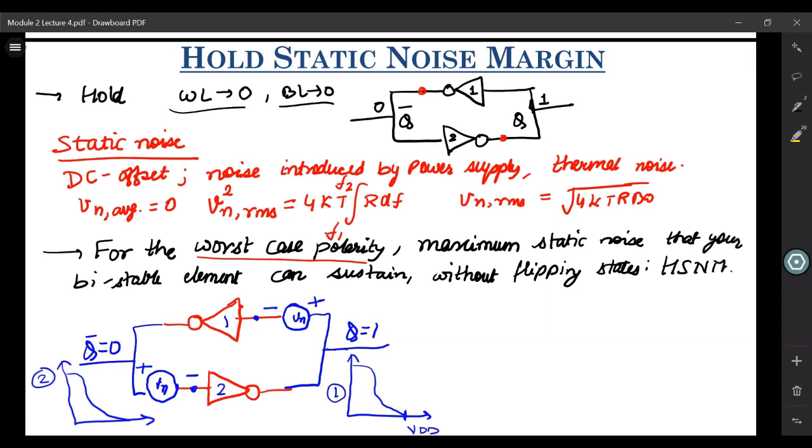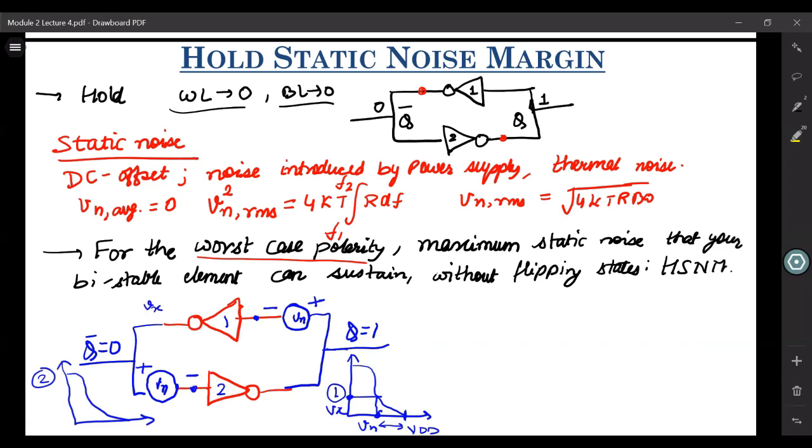Let us say this is our Vn. It's actually very small, but here I am drawing it large so that you get a feel of what is exactly going to happen. So for this input, which is VDD minus Vn, the output changes from 0 to this appreciable value. Let's call this output Vx. So now at the output of 1, you have a potential which is Vx.